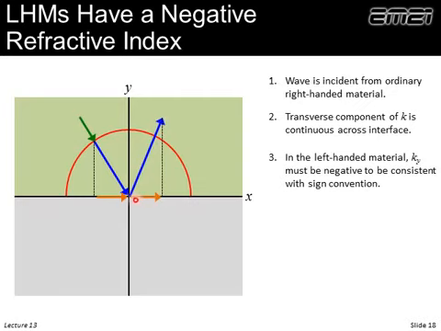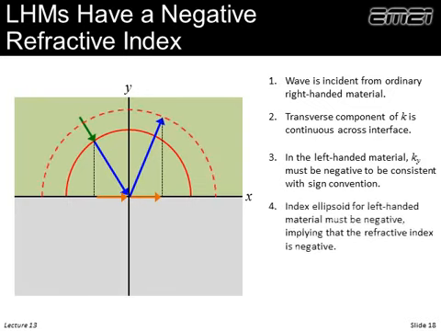But because of boundary conditions, here's our transverse component of the wave vector. It has to be this. Since our wave vector is on the other side of the interface, that means our index ellipsoid for the second material, the material at the bottom, is also up here.